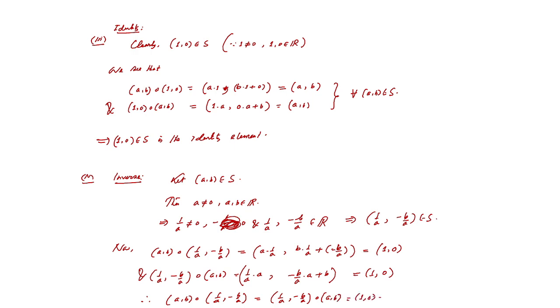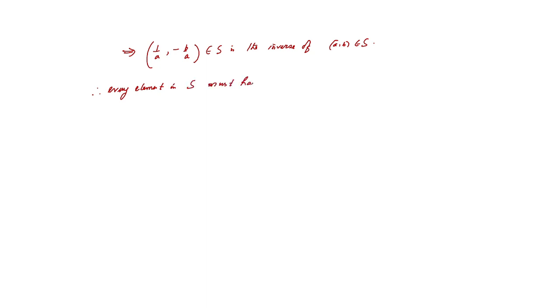That means the identity element. So that implies the element (1 by A, minus B by A) belonging to S is the inverse of the element (A,B) belonging to S. So we can say every element in S must have an inverse.